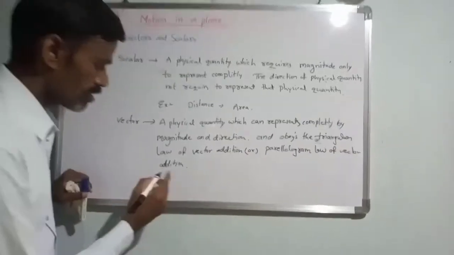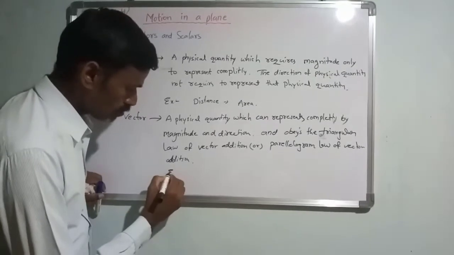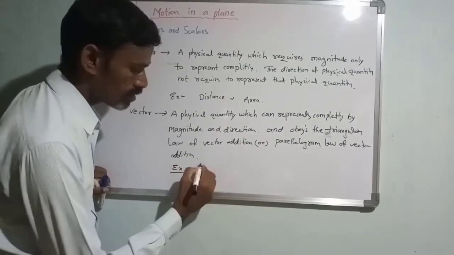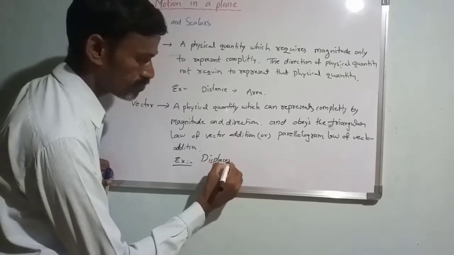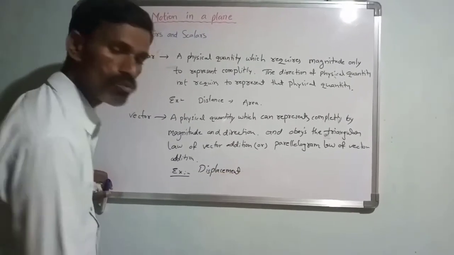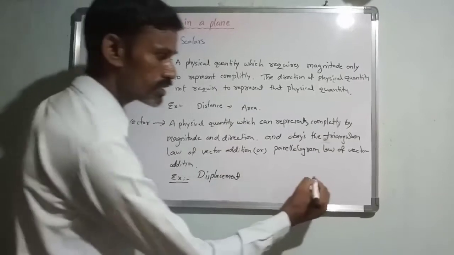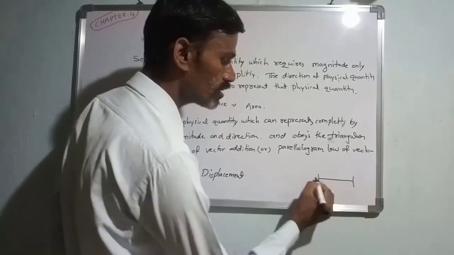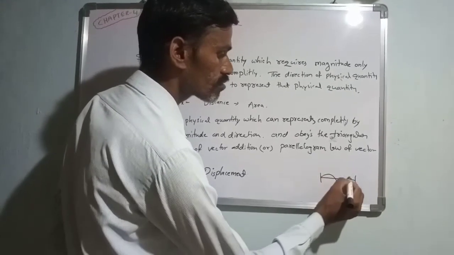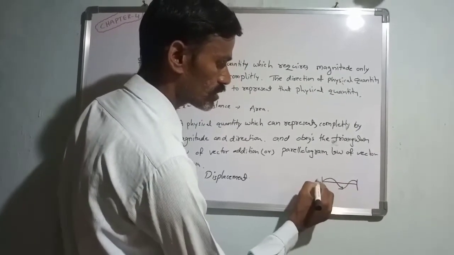For example, displacement. What is displacement? Displacement is the shortest distance between initial and final positions.